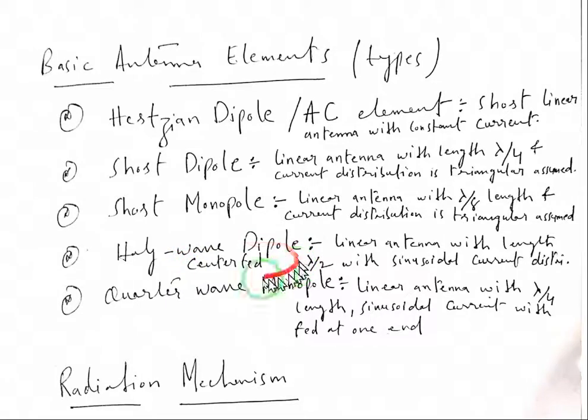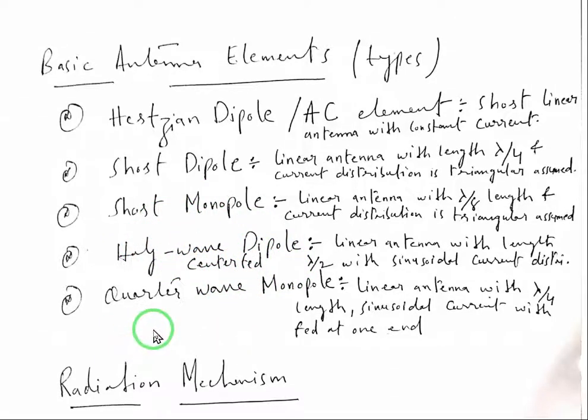It's fed from the center. The categories above half wave dipole, that is short monopole, short dipole, and Hertzian, can be fed from any side or at the center, but particularly half wave dipole is fed from the center.